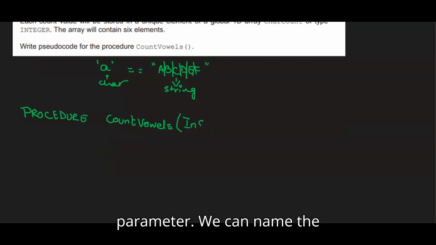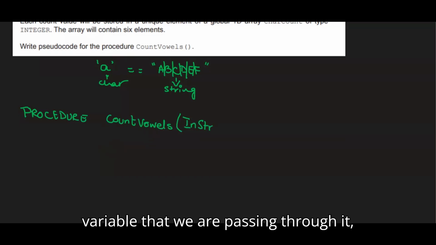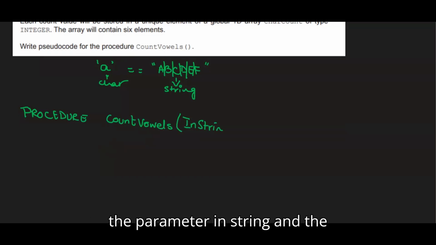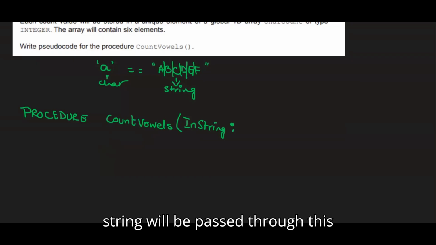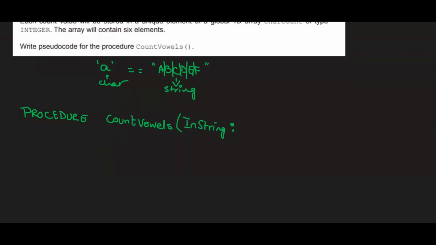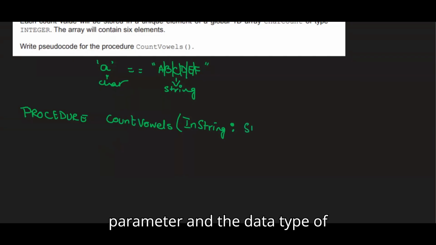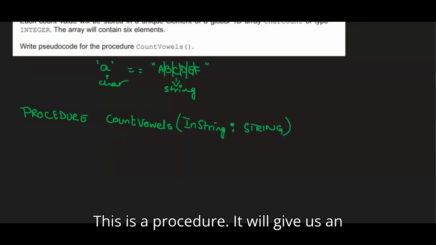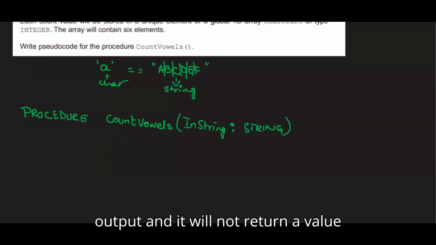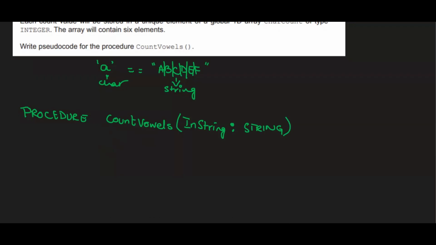We can name the parameter in string, and whatever value the user enters will be passed through this parameter. And the data type of in string is string. So this is a procedure. It will give us an output and it will not return a value because this is not a function.